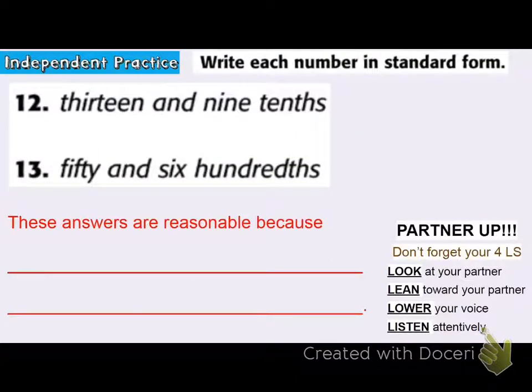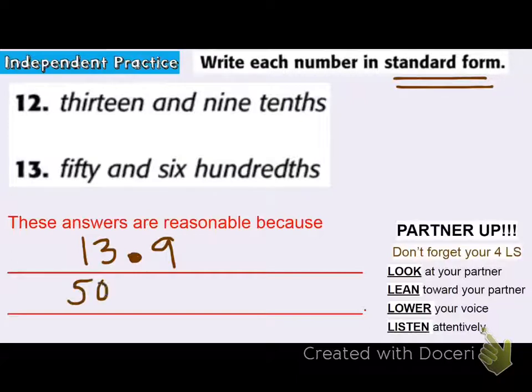Moving on to numbers 12 and 13. Write each number in standard form. Well, standard form is when you have only digits. So 13 and 9/10. Well, I know that 'and' is the barrier, the separator, and that 9 is in the tenths place. 50 and 6/100.